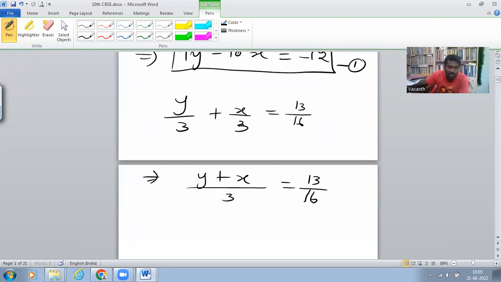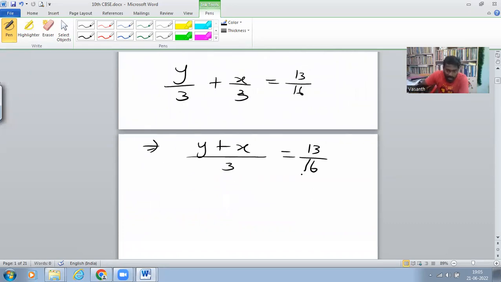Now we have to take this 3 to the right hand side. This 3, which is in division, when taken to the opposite side becomes multiplication. Likewise, this 6 which is in the division on the right hand side, when taken to the left hand side, becomes multiplication with the numerator. So the next step will be 6 into y plus x. Y plus x can be expressed as x plus y; both are correct.